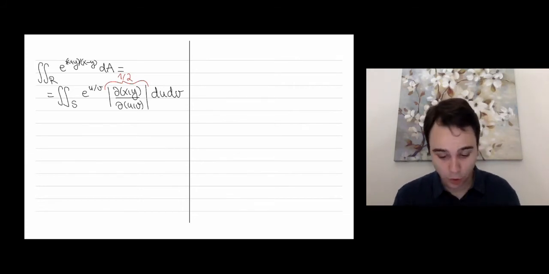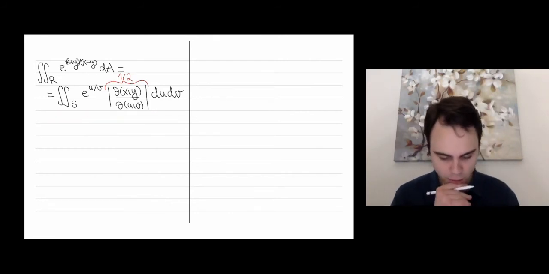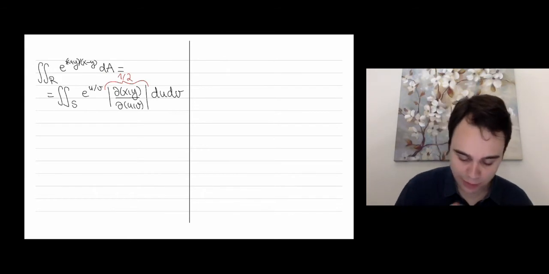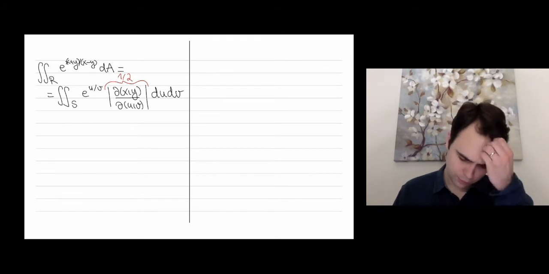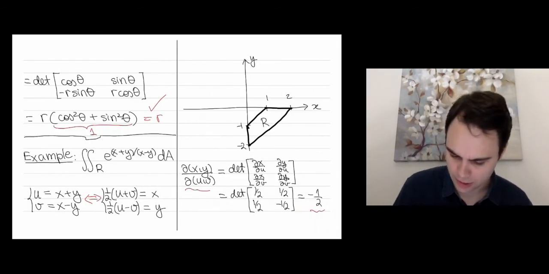Okay, so we're almost ready to evaluate this, right? This looks very manageable. But before we evaluate this, we need to understand what the region of integration is. So let's do that. Here's a good method that works in a great number of examples.